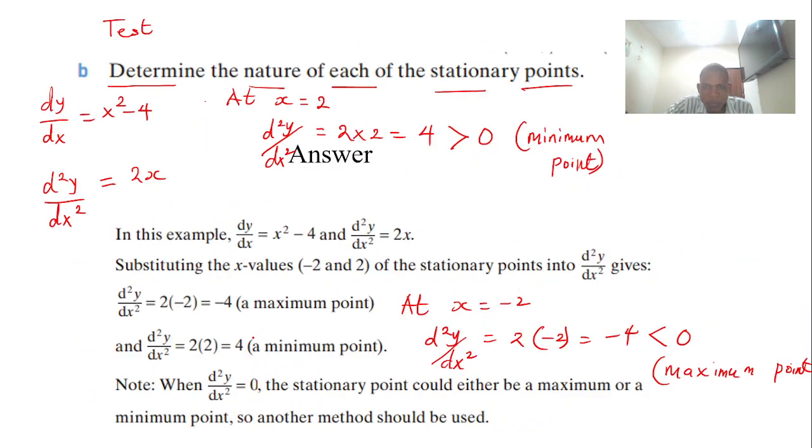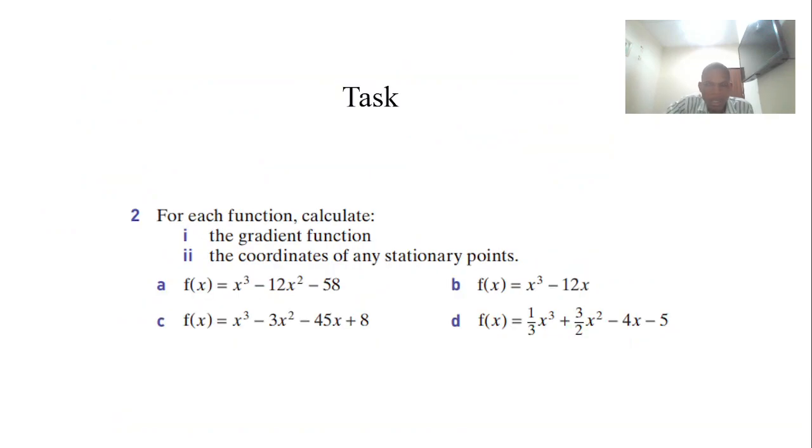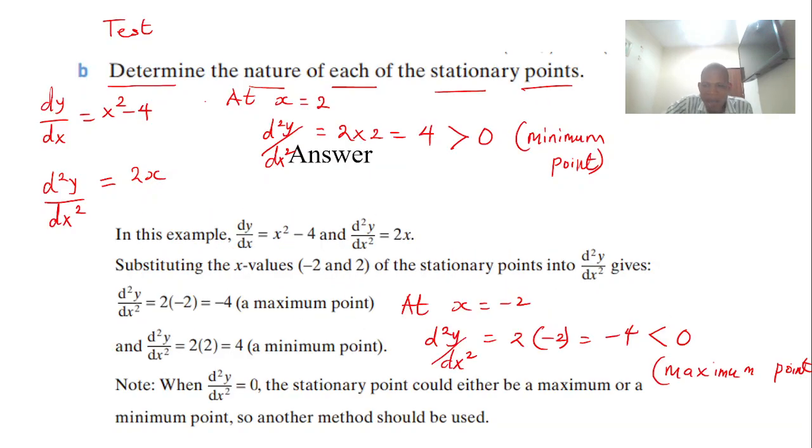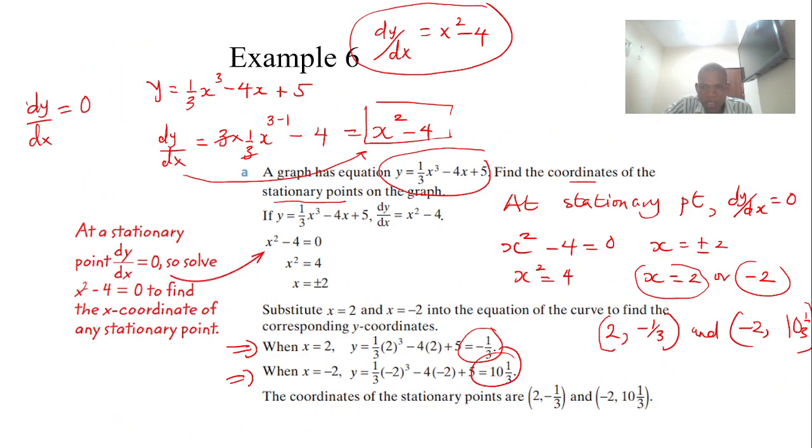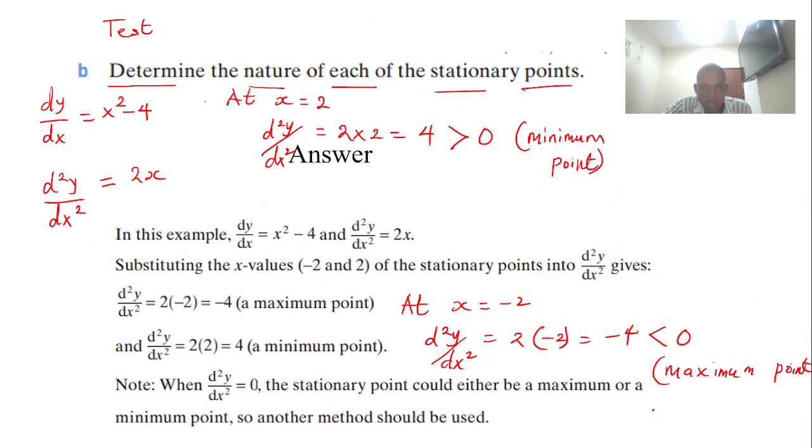So they say determine the nature of each of the stationary points. What that means is, don't forget, I have 2 stationary points here, this one and this one. At x equal to 2, that one is a minimum point.